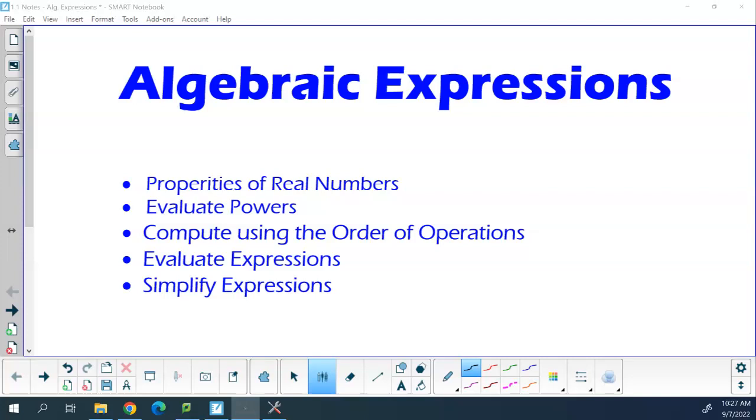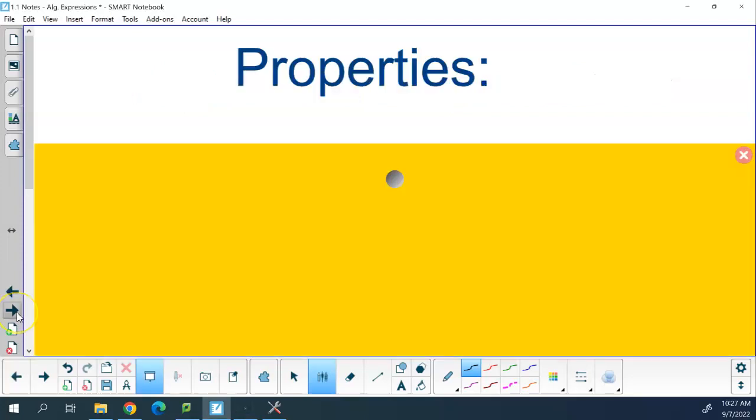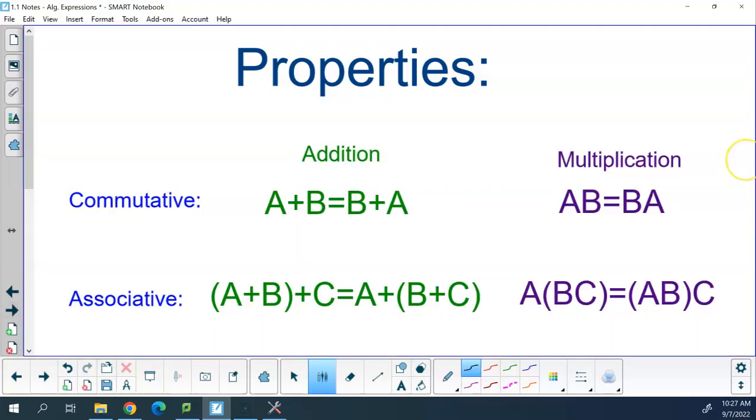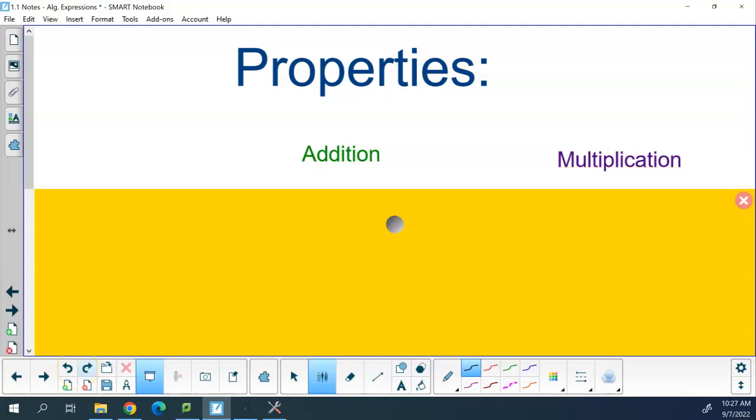Just saying. Okay? So today we're going to talk about algebraic expressions. Here we go. Okay? So first off, we have to talk a little bit about some properties. Let's just dive head first into some properties. Actually, let me bring that screen back, bring that shade back, and we'll go one by one.